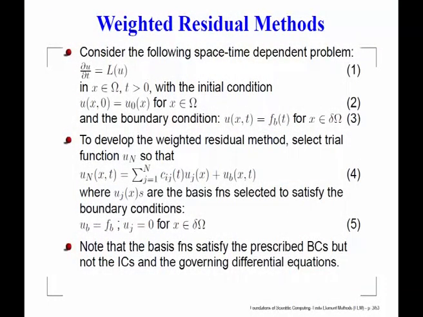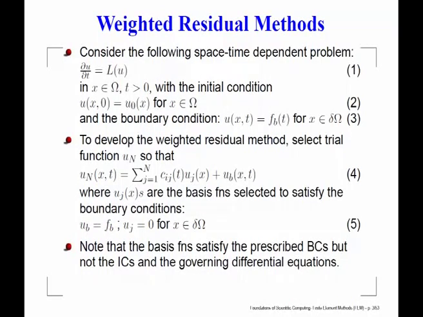Let us briefly discuss what these weighted residual methods are. So, let us talk about a problem. An evolution equation is written like this. This L of u could be any problem that you talk about. Let us say you have a space time dependent problem, you perform all the spatial discretization. At the end of the spatial discretization, you will have a time varying equation of this kind. Okay.